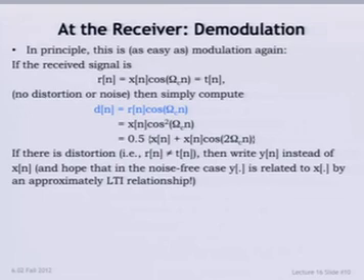That's your signal after demodulation. And a little bit of algebra shows that you actually have your original signal of interest and then something that's your original signal modulated by a cosine at twice the carrier frequency. So now there's some hope that you can actually pull these things apart.